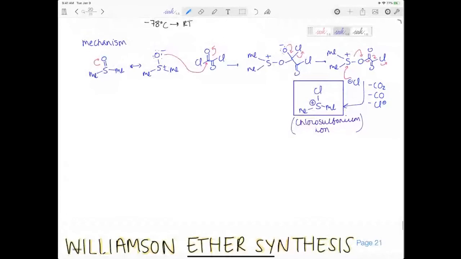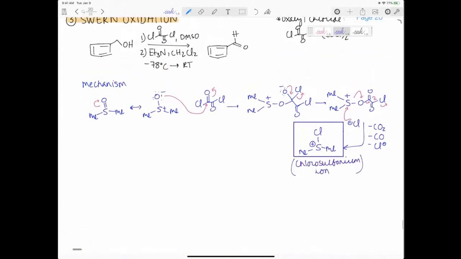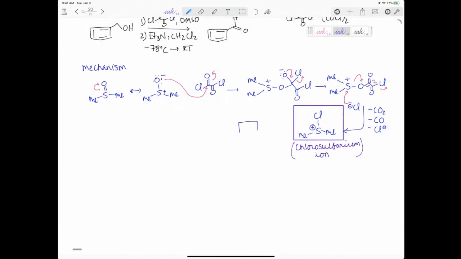Okay, now with this, what might happen next? What else have we not used? We have used this, we have used this. Now we have to bring in our starting material. Same deal, it attacks the sulfur, and this chlorine gets kicked off.